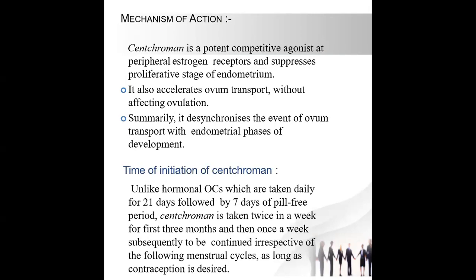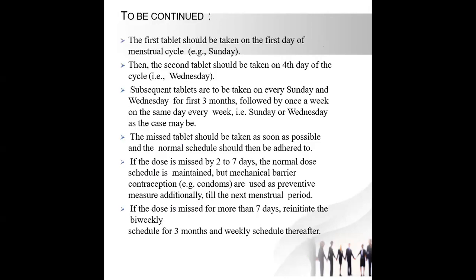Centchroman, or ormeloxifene, has to be taken twice a week for the first 3 months, followed by once a week subsequently, irrespective of the following menstrual cycles, as long as contraception is desired. This is actually a very good method, but the first tablet should be taken on the first day of the menstrual cycle.